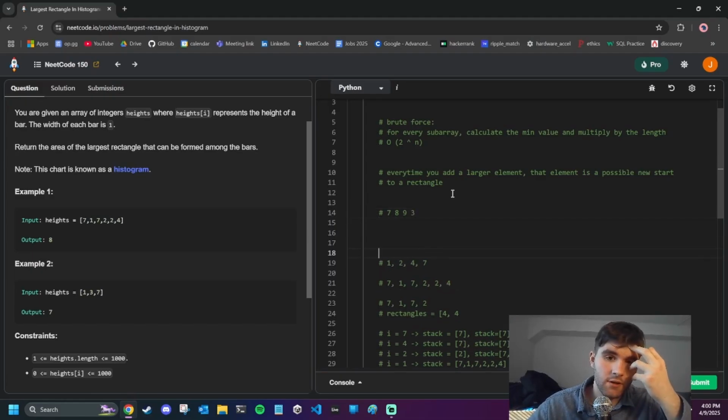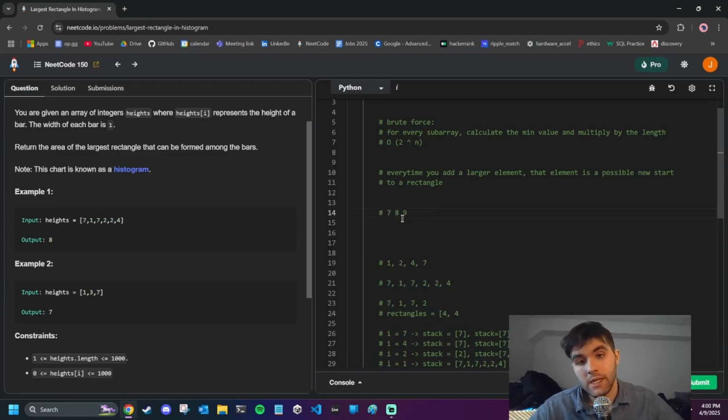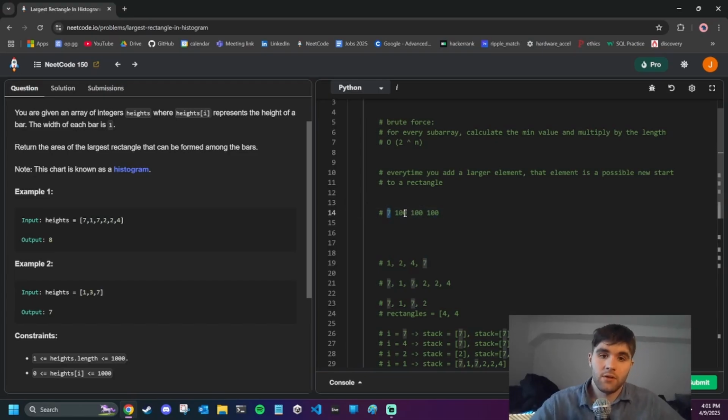When you see 7, you say, okay, this could be a new start to a rectangle. You see 8, and my idea is if all of these are bigger than 7, like if we have 100, 100, 100. So 7 and then 100.